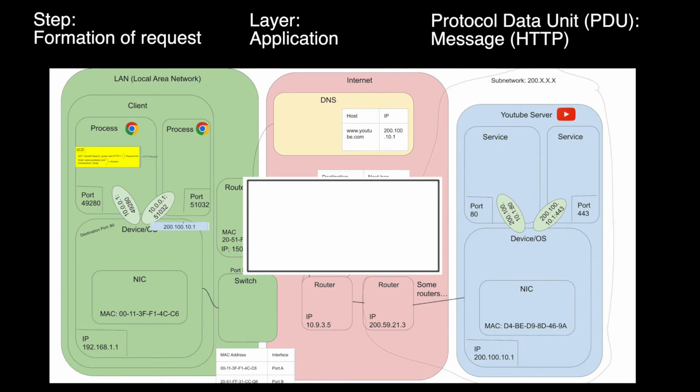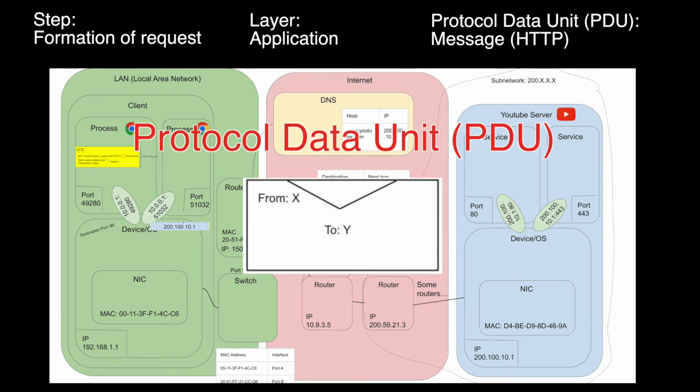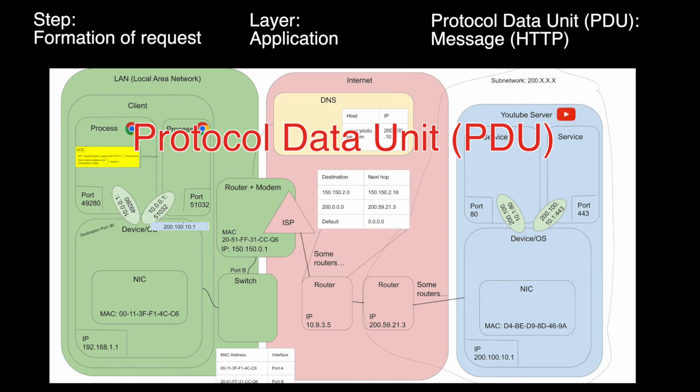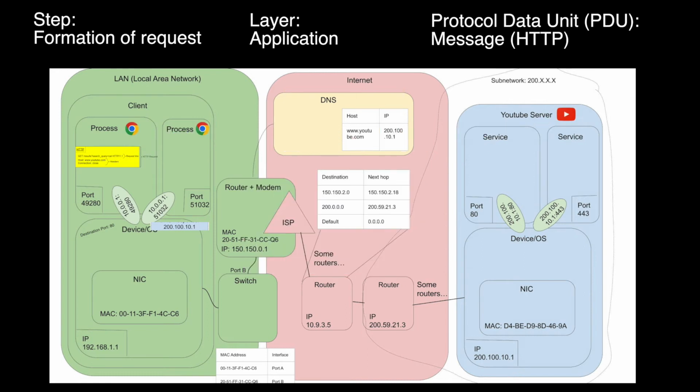When we pass through a layer, the state of our message changes. The state of a message at a given layer is called the protocol data unit, or PDU. Right now, our PDU is an HTTP request, but for lower level layers, we have different names for different PDUs. So we've done everything we need to do at the application level, but now we need to prepare our message for sending.